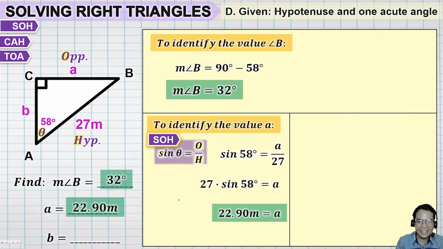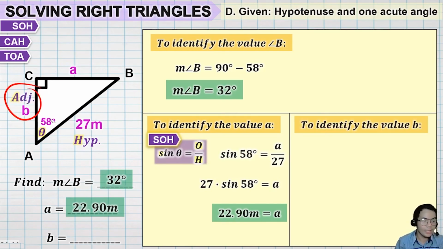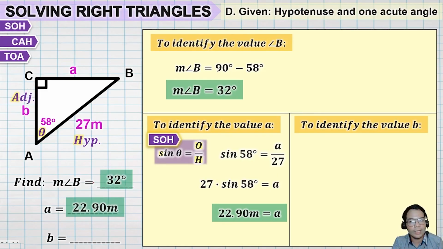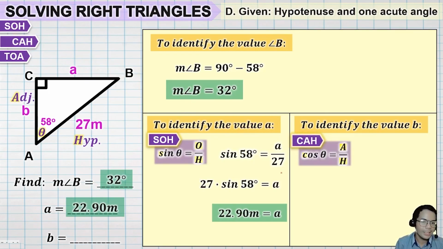Ayan. So, aside from that, we can now solve for the value of side B. This time, hindi na ngayon opposite side yung gagamitin natin. Tapos na tayo dyan sa opposite side kasi nasolve na natin yung value ni A. Lipat na tayo sa kabila kay side B, which is our adjacent side. So, that means we'll be using adjacent and hypotenuse. Ibig sabihin yan, this time, hindi na si SO, but rather si CA. Which means cosine theta is equal to adjacent over hypotenuse. So, ang ating adjacent side ay B. So, ano mangyayari dyan?